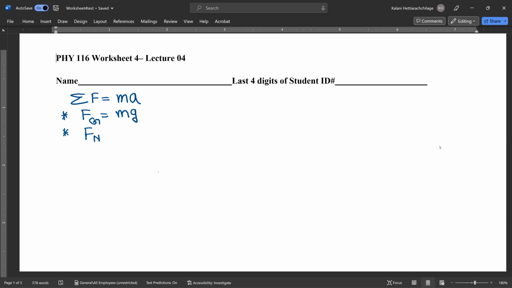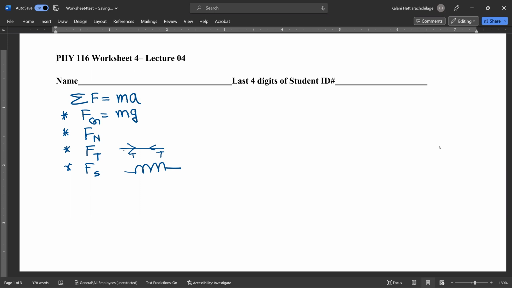And then we talked about the tension force and the spring force, right? Those work when we have a cord, we use the tension force. When you have a spring, we use the spring force, right? And the tension force we always label as the tension in the cord.